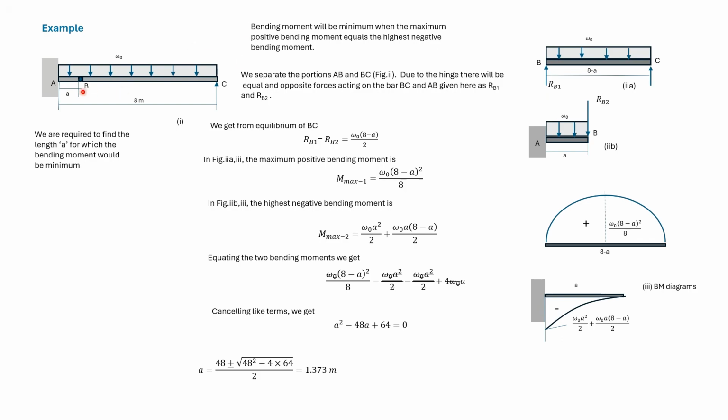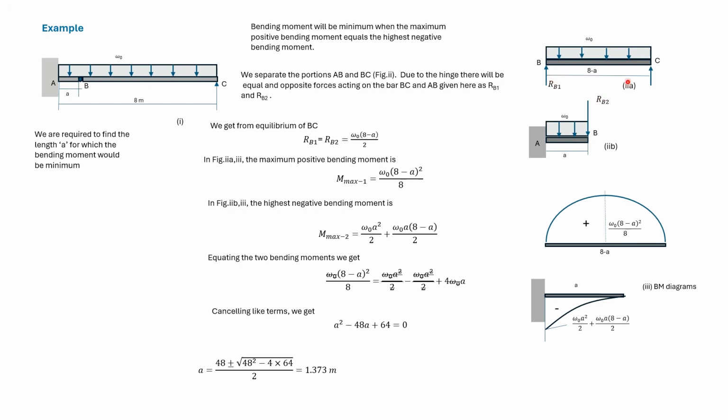Due to the hinge, there are two equal and opposite forces acting, one on BC and the other on AB. They are given here as RB1 and RB2. Considering equilibrium of BC, we can see that RB1 and RB2 would be omega 0 (8 minus A) divided by 2, which is also the magnitude of the reaction at C.